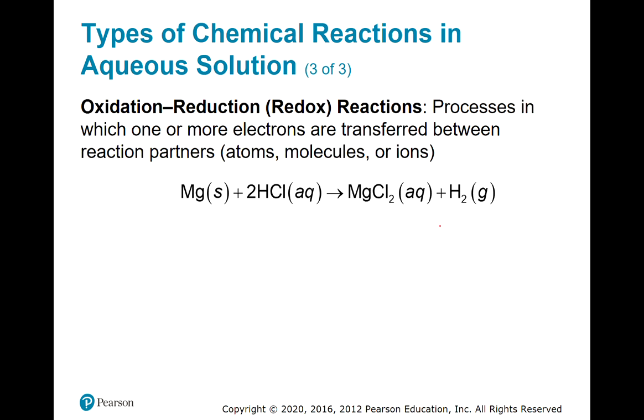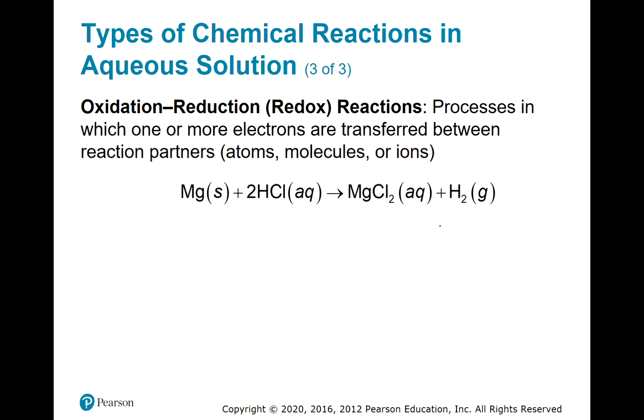And finally, the last group of reactions that we're going to talk about are what are called oxidation reduction, or redox reactions for short. And these are processes in which one or more electrons are transferred between reactants. So the reactants can be elements, covalent compounds, ionic compounds, acids, pretty much anything.